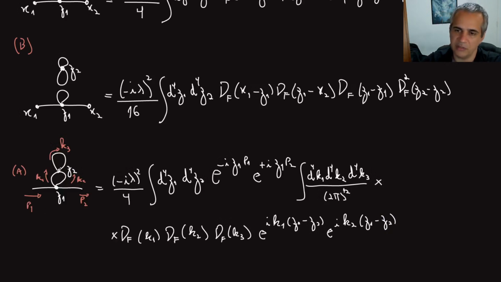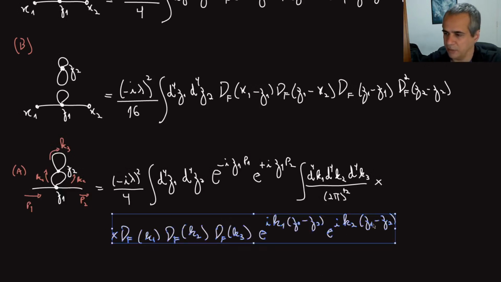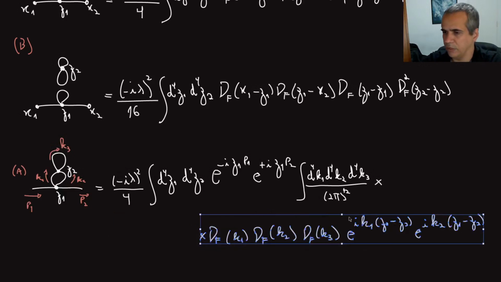K3 is going to the same point, so that's just exponential of 0. So all I have is really this one.